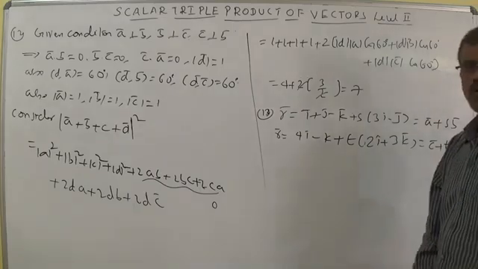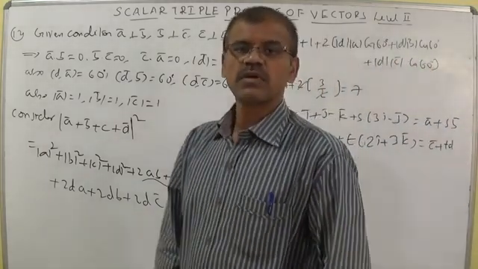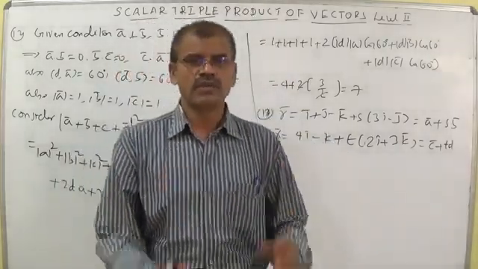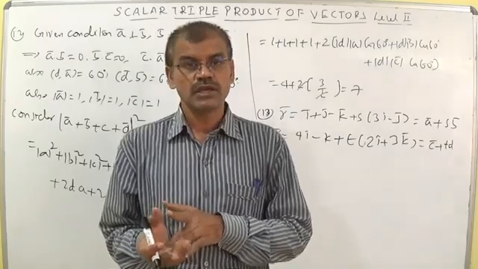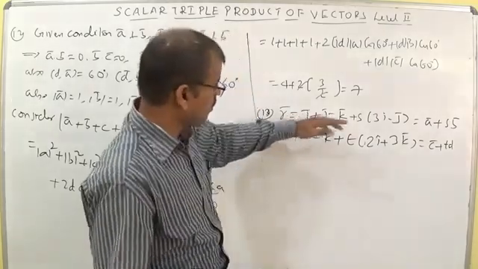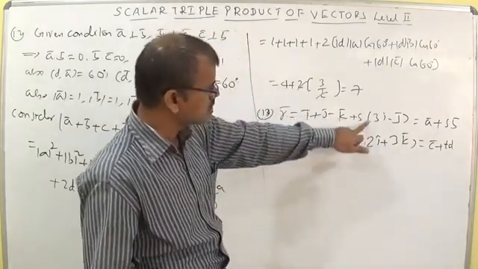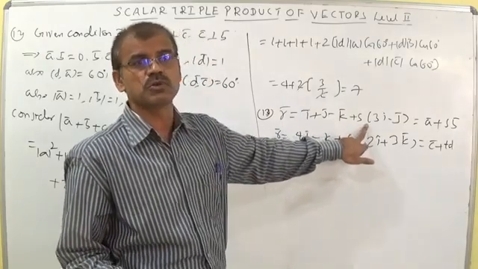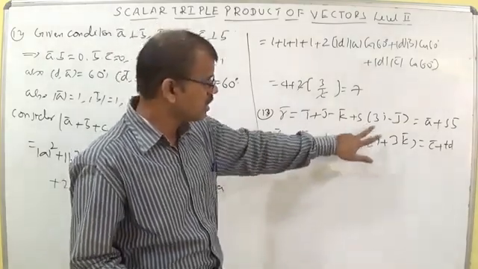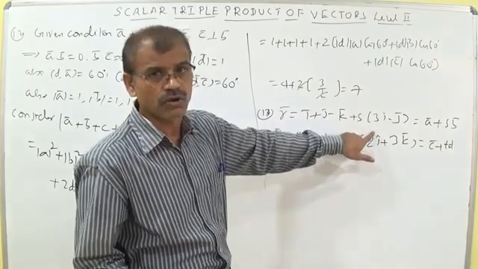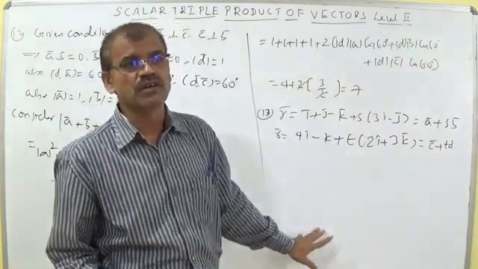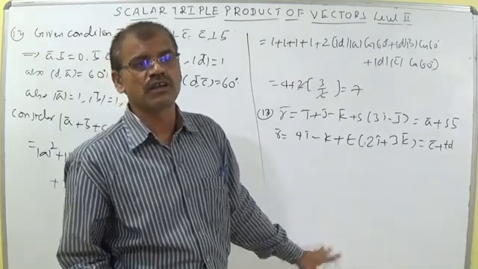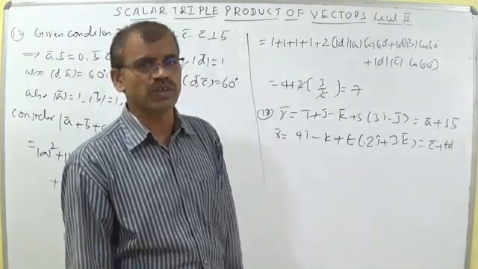Let us discuss the formula, box A minus C, B, D. When the value of box A minus C, B, D is 0, the two lines are said to intersect. When the direction ratios are in the same proportion, they are said to be parallel. When the dot product of the direction ratios is 0, they are said to be perpendicular. When box A minus C, B, D is not equal to 0, they are said to be skew lines.